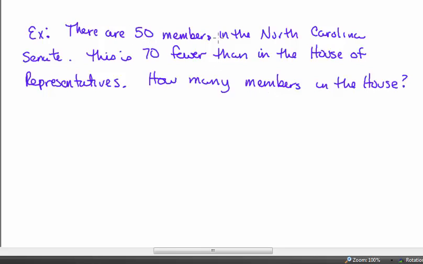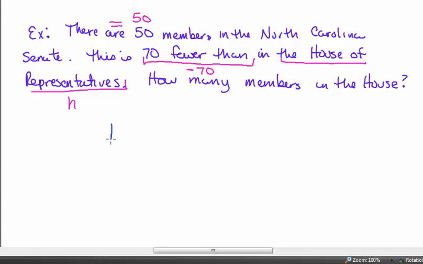Okay, so there are 50 members in the North Carolina Senate. This is 70 fewer than in the House of Representatives. 70 fewer than tells me to subtract 70 from the House of Representatives. Now I don't know how many people are in the House of Representatives, so I'm going to call that H. And there are 50. Are is a form of the word is, which means it's an equal, so it equals 50.